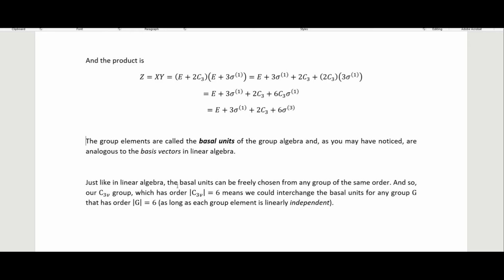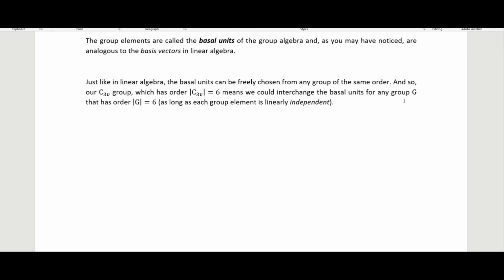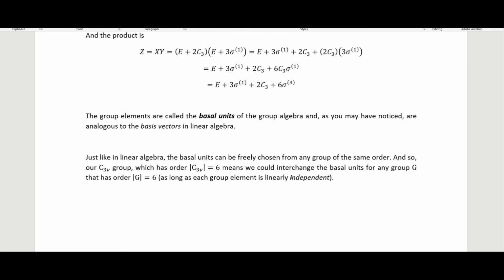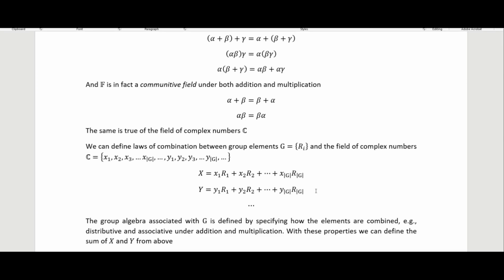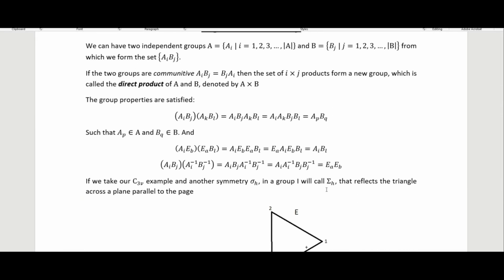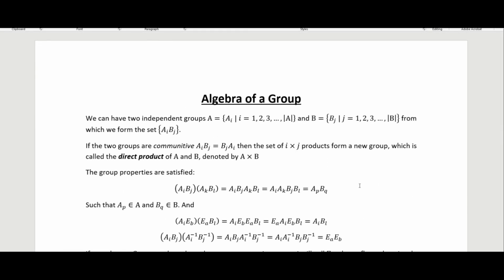And just like in linear algebra, the basal units can be freely chosen from any group of the same order. Our C3V group here is order 6, so we could interchange the basal units for another group G that's order 6, as long as each group element is linearly independent. And I'll talk a bit more about linear independence in a future video coming up soon. But anyway, like I said, this is just a brief introduction to the algebra of a group.